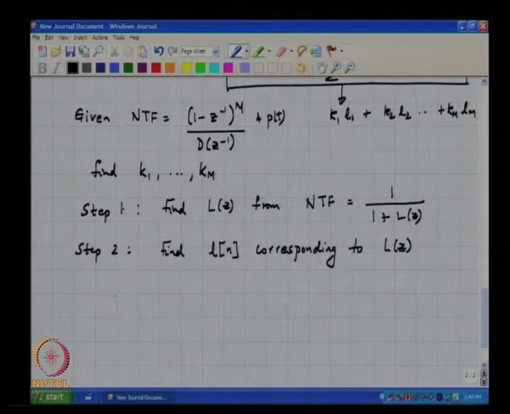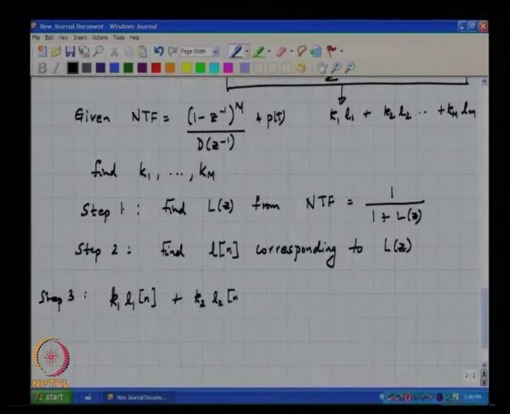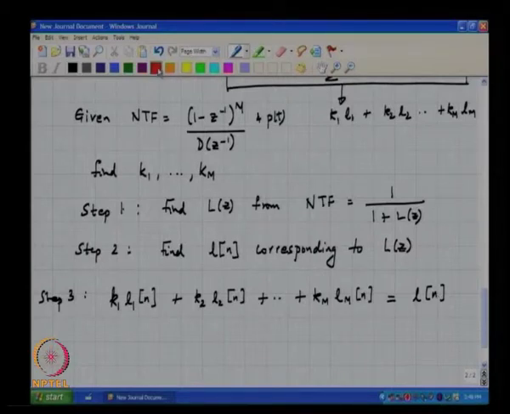You want to make sure that K1 L1 of n plus K2 L2 of n plus Km Lm of n is L of n, right. So, all these are known.